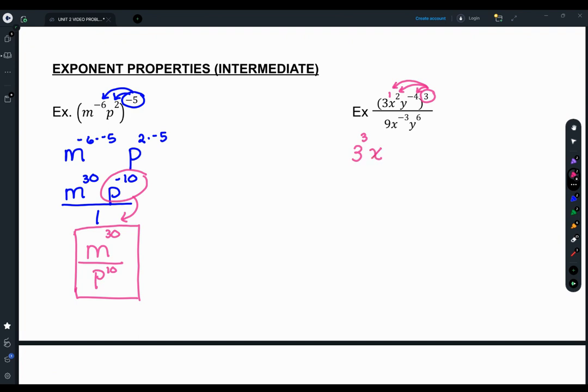We're going to have x, and we're going to go 2 times 3, which is 6. -4 times 3 for the y is a -12. And then on the bottom, we're going to have 9, x to the -3, and y to the 6th. And we do nothing to the bottom because there's not an exponent that we need to deliver to anybody.